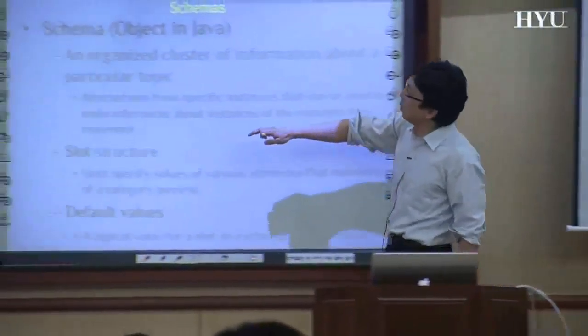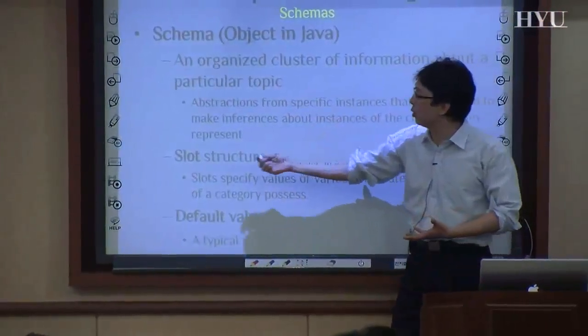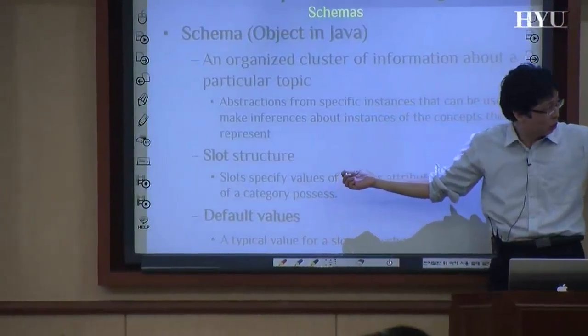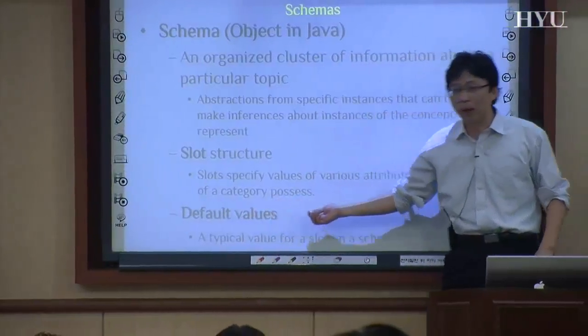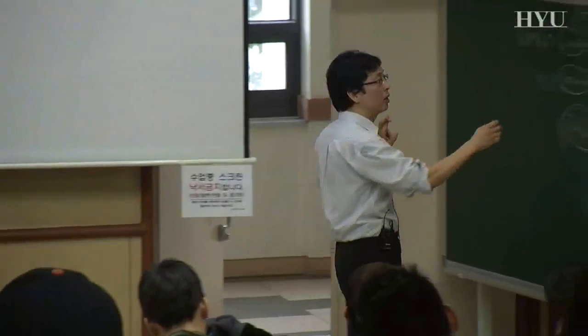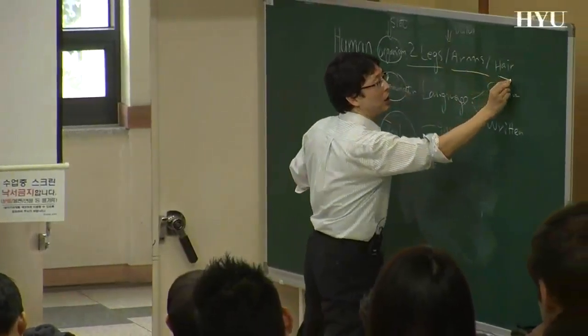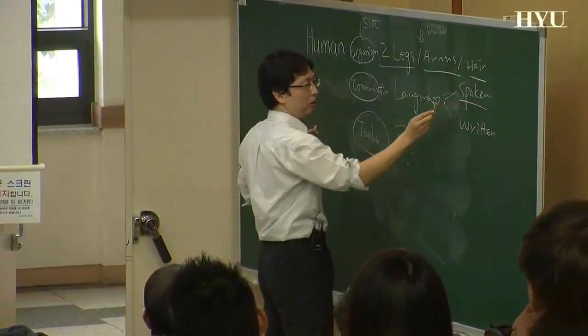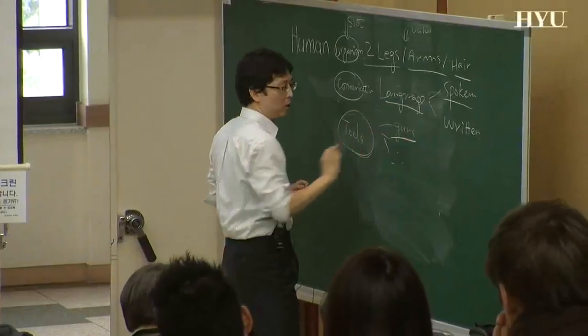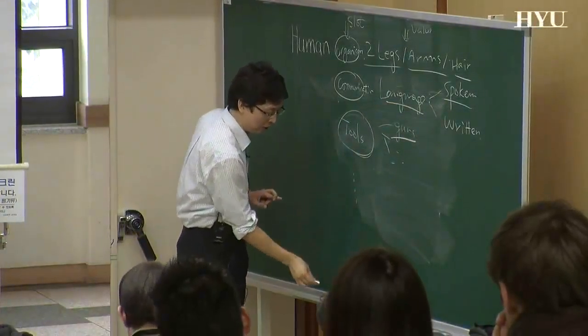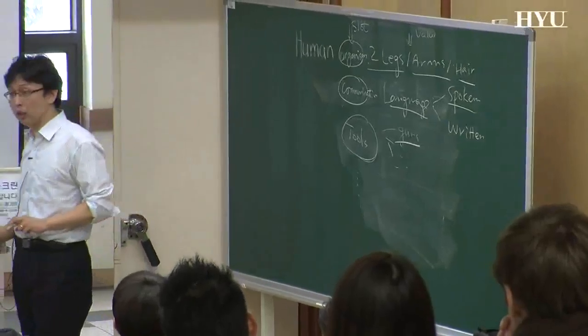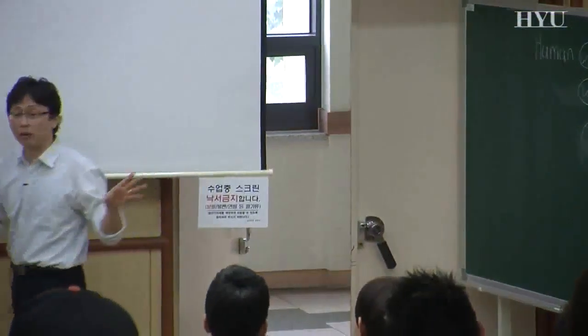When you define any information, you need a slot structure and then some value. In the value, we can define a default value, such as, okay, that is unique for the human. Of course, we have many different slot structures to define our human.